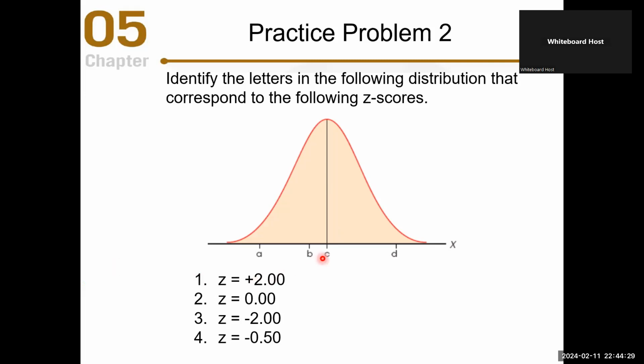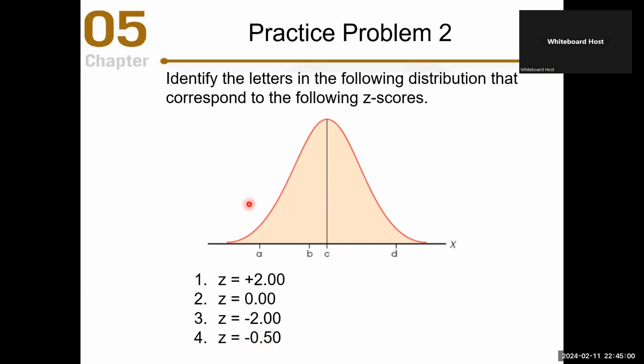If we're looking at z equals positive 2, we would automatically know that since this is a positive number, it's the only one that's positive. It's going to be out here in the D. So that should be positive 2 out here. It says z equals 0. Again, C would be the only one that is a 0. It says -2 and -0.50.